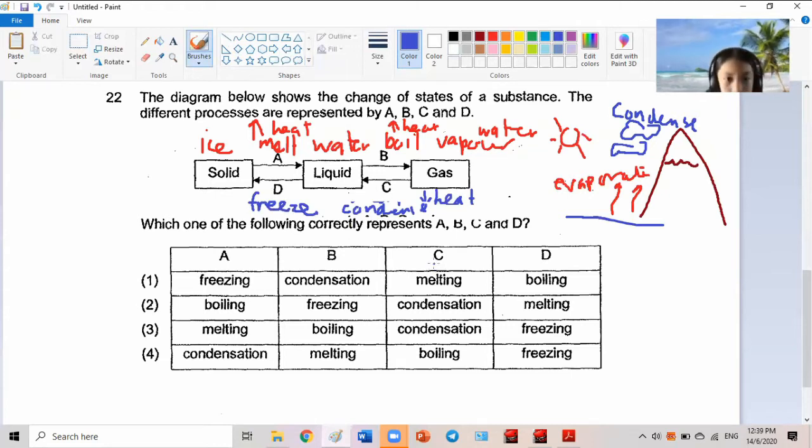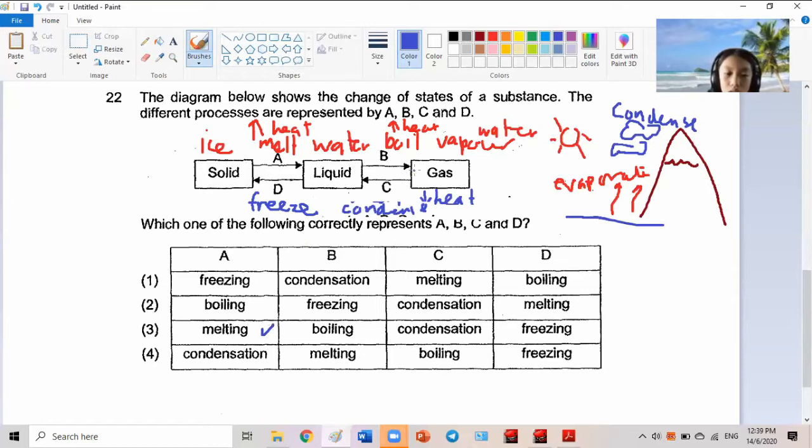Okay, which ones in that case correctly represent A, B, C, D? Can everybody find me the answer then? I think I've given you the answer. What's the answer, everybody? Carissa said three. Let me check. Everybody agree that it's three. A is melting. Yes, that's what I wrote there as well.